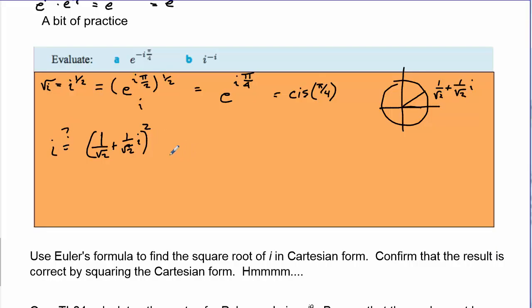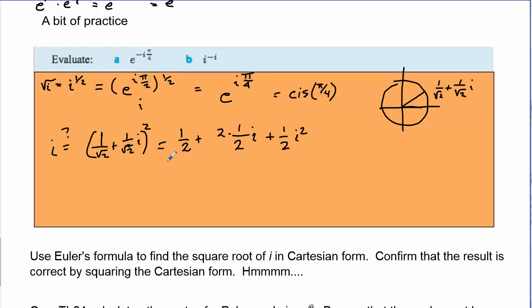Is i equal to this? We'll find out. So when we square this, we get the first term squared, which is 1/2, plus twice the product of the two terms. So that's 2 times 1 over root 2 times 1 over root 2, which is 1/2, so the 2 and the 1/2 cancel and we just get i, plus the last term squared, and that's 1/2 i squared.